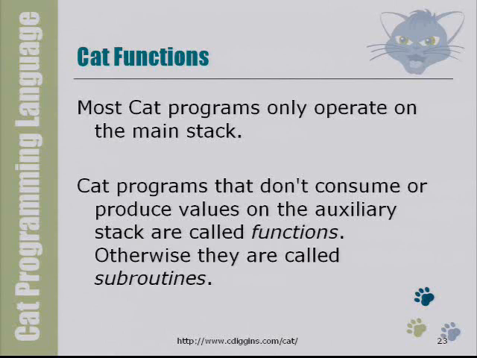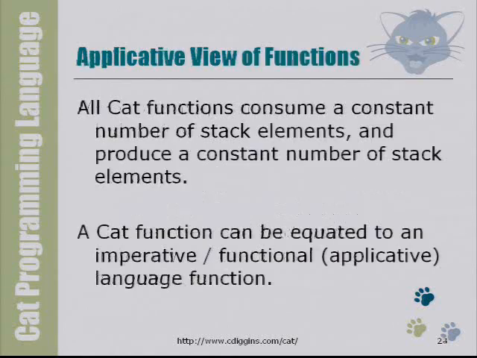In CAT, I divided up the idea of CAT programs into functions and subroutines. The functions are the CAT programs that only consume and produce values on the main stack. Let's say a program manipulates something on the auxiliary stack, you can do that, but if you have a net consumption or a net production on the auxiliary stack, I call it a subroutine.